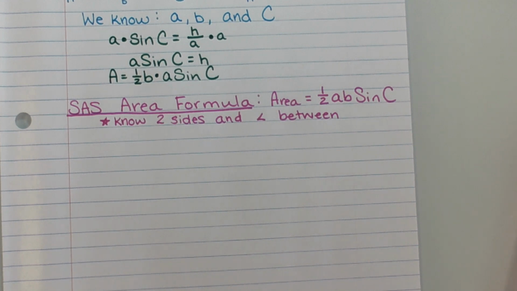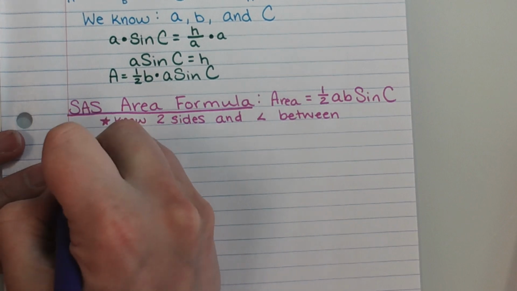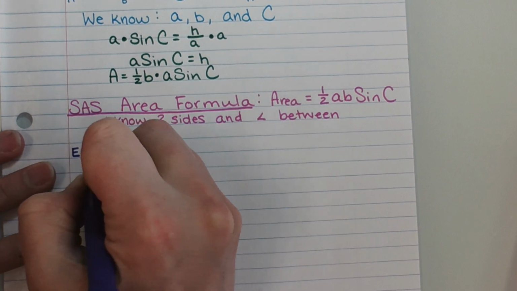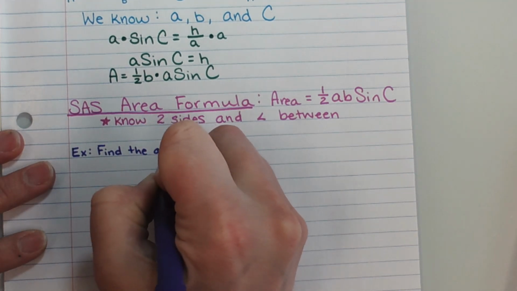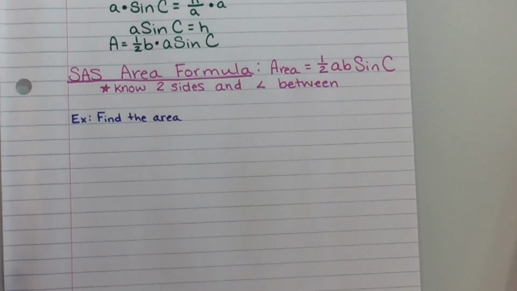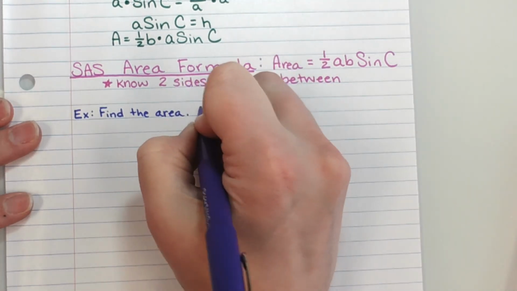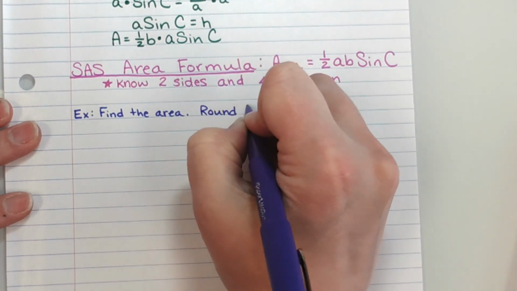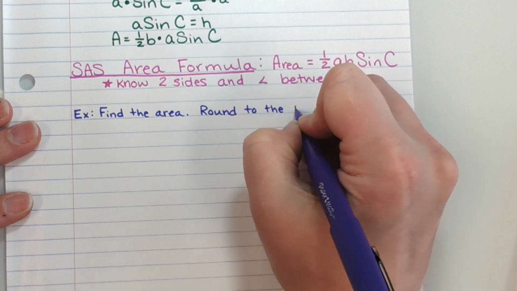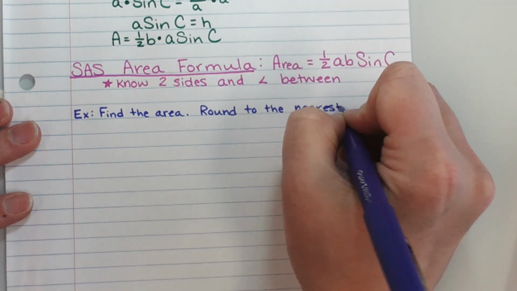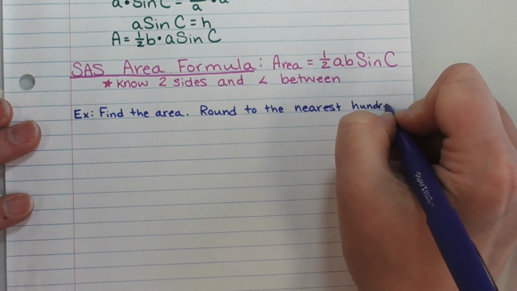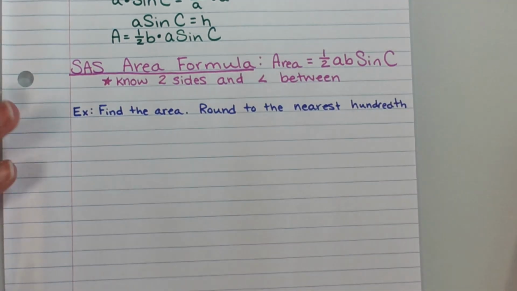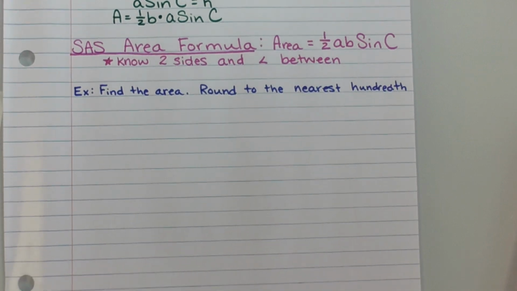So, before we get to the true law of sines, one of the things you're going to be asked to do today is to find the area of a triangle. We're going to round our answer to the nearest hundredth.